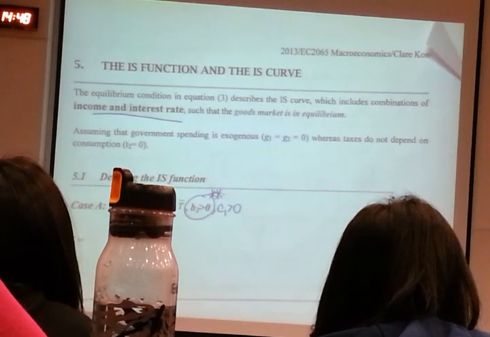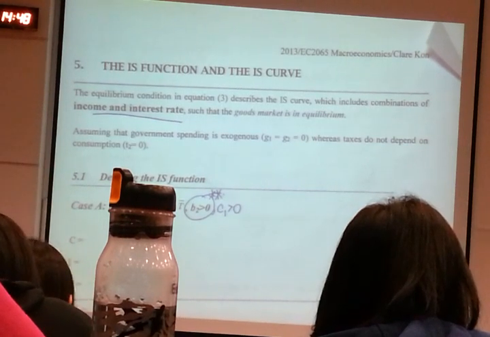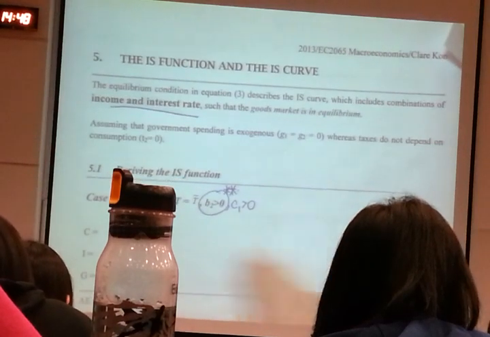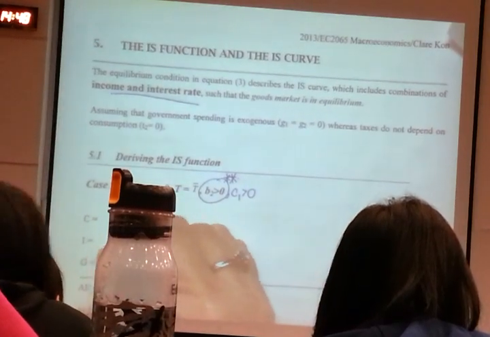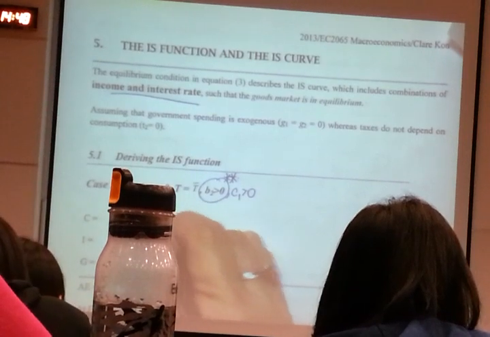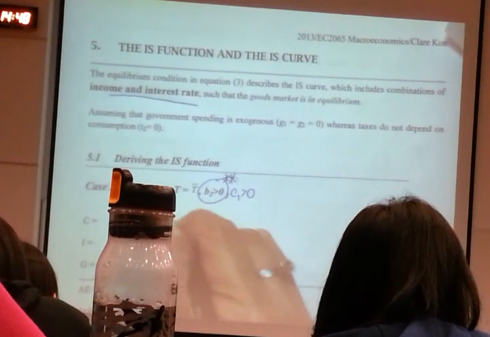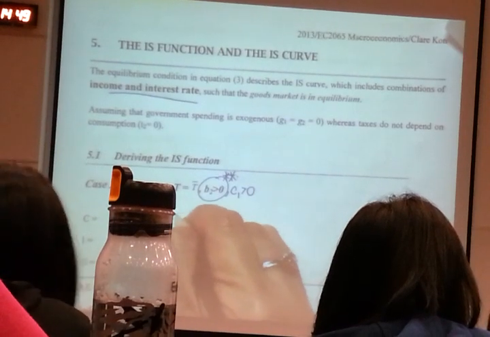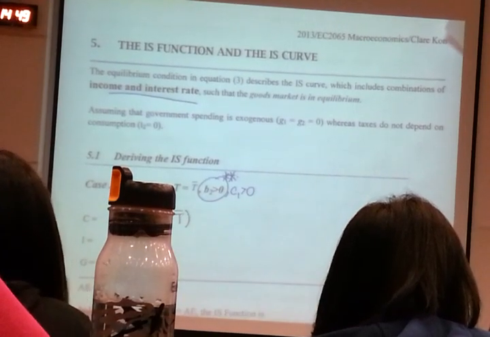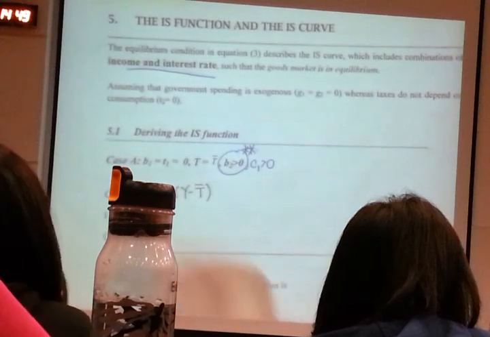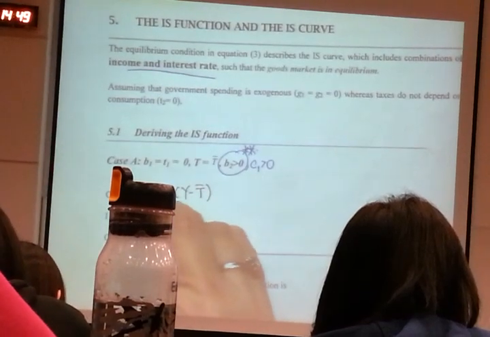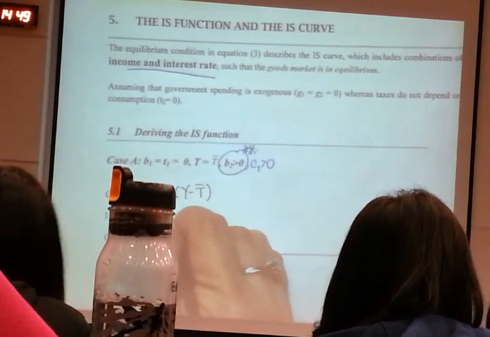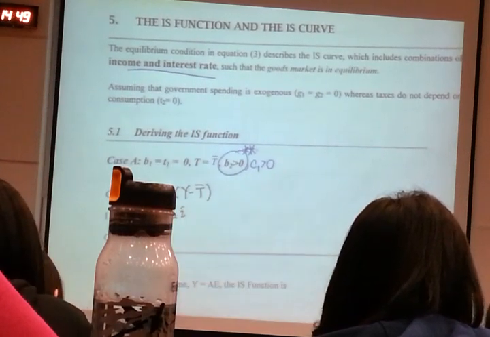Okay, so this is the standard. We've done this almost the 3rd time already. Write down all the equations. Based on the function, consumption is C0 plus C1 times (Y minus T bar). Investment would be I bar, B1 was 0, so you're left with minus B2 i.